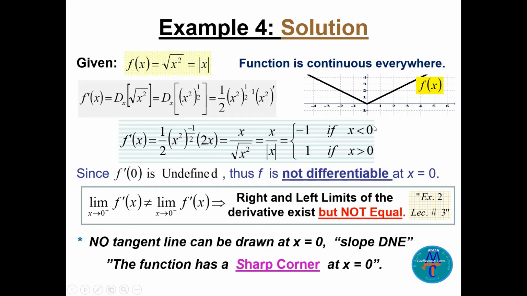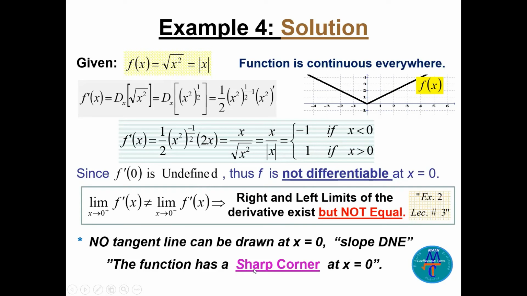But what is happening? What do we call it here? If you try to find the limit of f prime from the right side or the left side, they exist. And we have seen that in example number 2, lecture number 3 in this Calculus 1. So the right and left limits of the derivative exist, but are not equal.